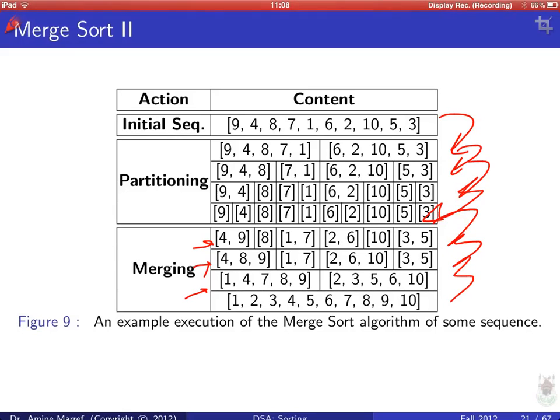So what happens, for example, in this stage is that we are comparing 4 and 8. So we put 4 in result, and then we compare 9 and 8, so we put 8, and finally 9 is the remaining one, so we get 4, 8, 9.